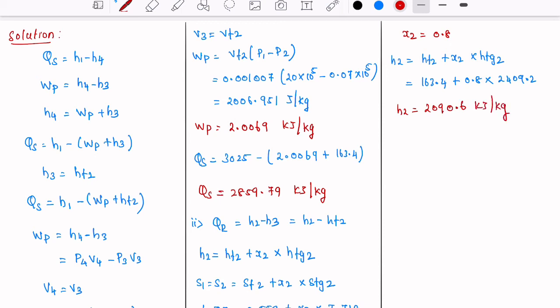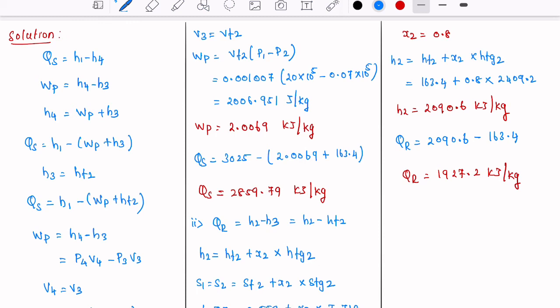Now we have found the value of H2. If you substitute the values of H2 and H3 in this equation, you can find the heat rejection. QR is equal to 2090.6, which is H2, minus H3, which is HF2, 163.4, and the heat rejection is equal to 1927.2 kilojoule per kg. Now we have found the value of QR, the heat rejection.